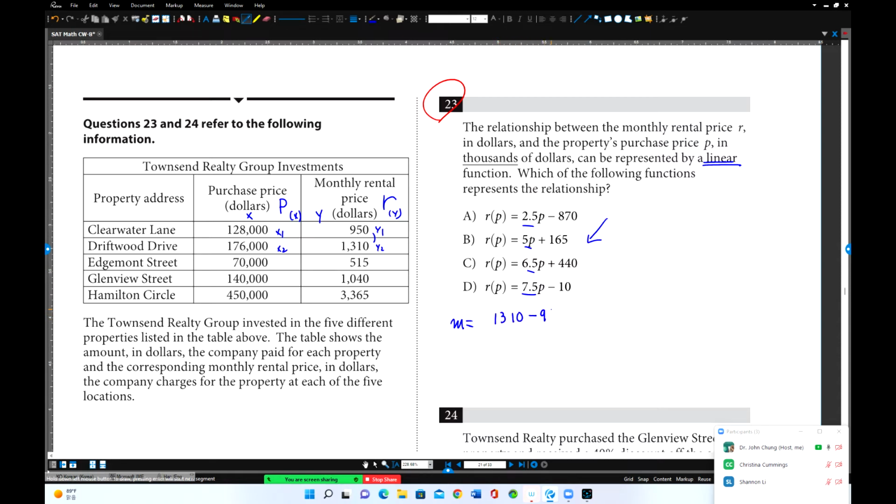1310 minus y1 is 950, over 176,000 minus 128,000. So we gotta use a calculator, okay?